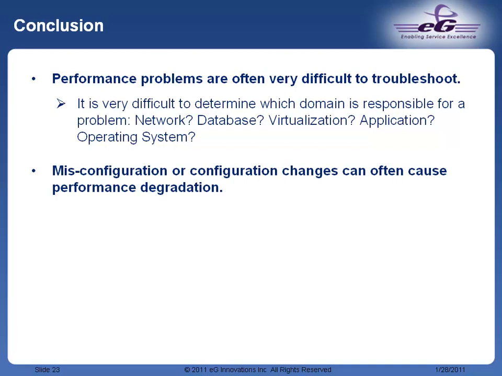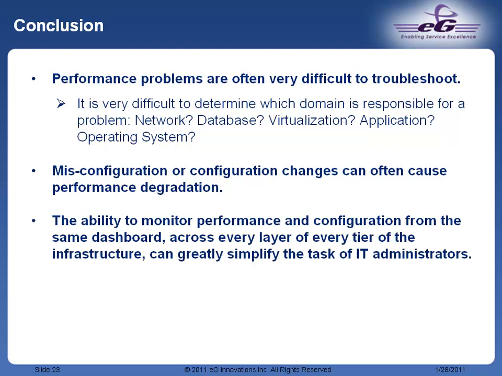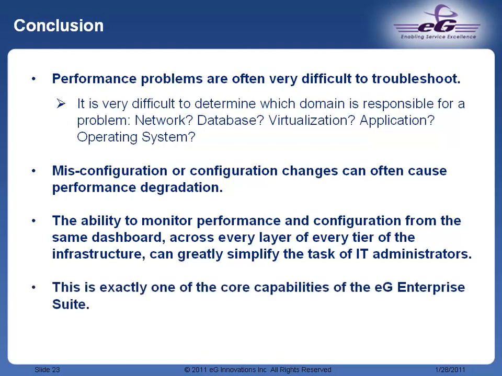Misconfiguration or configuration changes can often cause performance degradation. And the ability to monitor performance and configuration from the same dashboard across every layer of every tier of the infrastructure can greatly simplify the task of IT administrators. This is exactly one of the core capabilities of the EG Enterprise Suite.